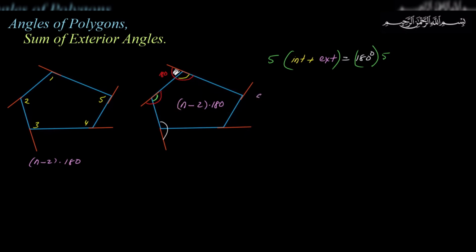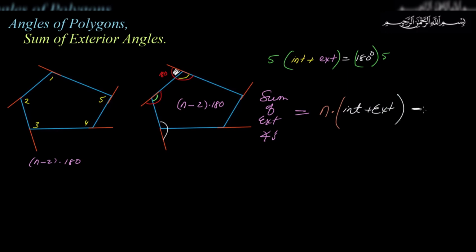So the sum of exterior angles is going to be equal to however many vertices you have, times the interior plus exterior angles.